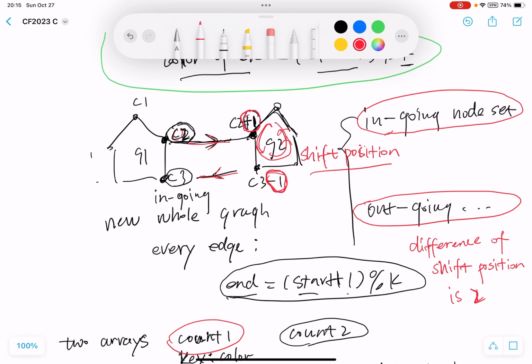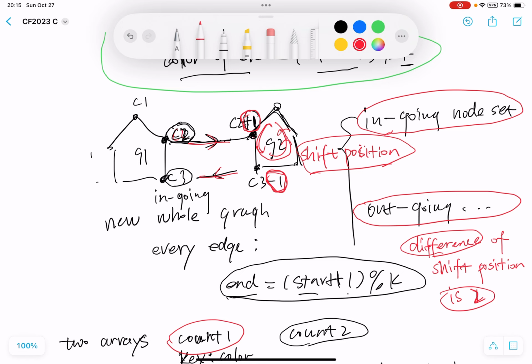So if we shift the ingoing node on graph 2, we also need to shift the outgoing node in graph 2. So the shift position difference between them must be 2 because one of them is +1, one of them is -1.